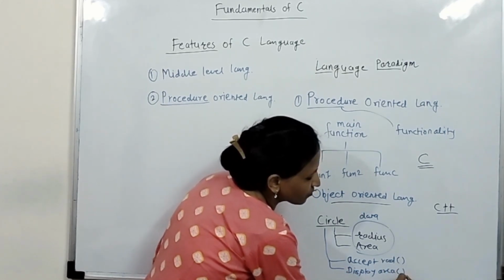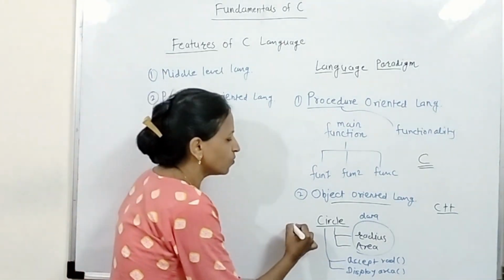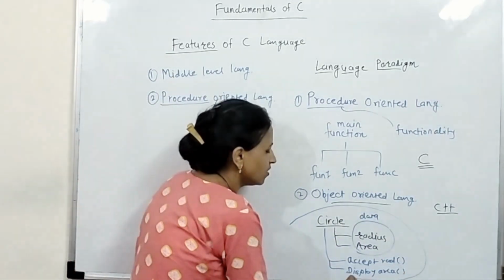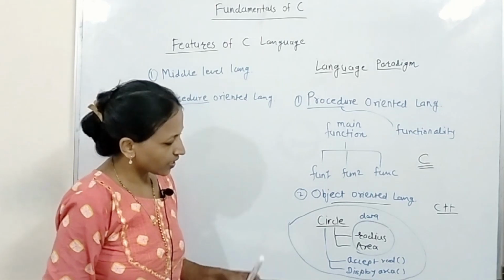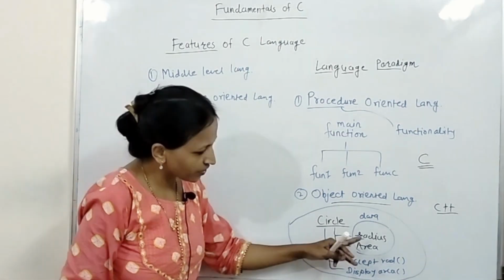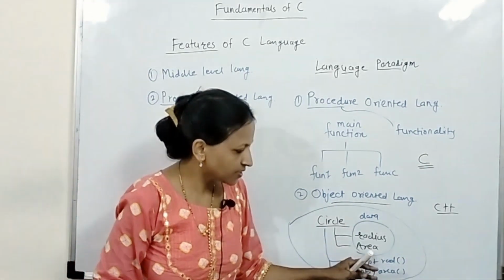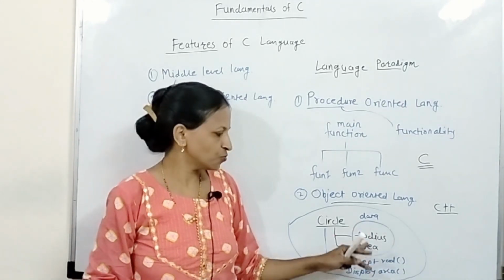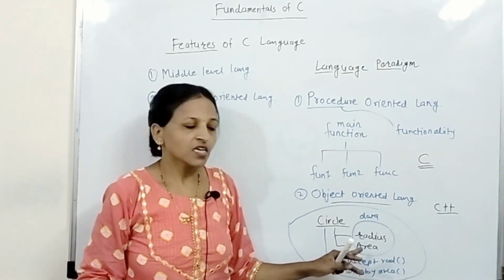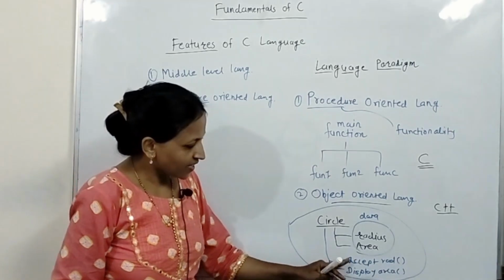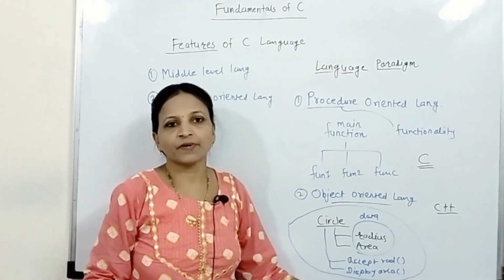This is the second functionality. So this whole is a circle object, and the circle object has this data, radius and area, these 2 characteristics, and it will have functionality like accept radius and display area.